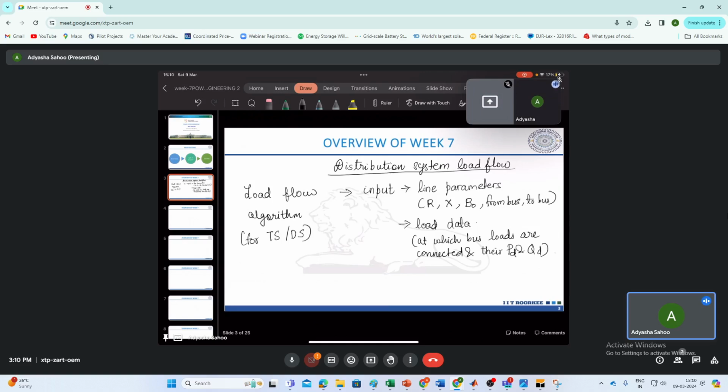That is from the load end side. And additionally, we also need the generator data. So buses at which generators are present and their generated active and reactive powers.